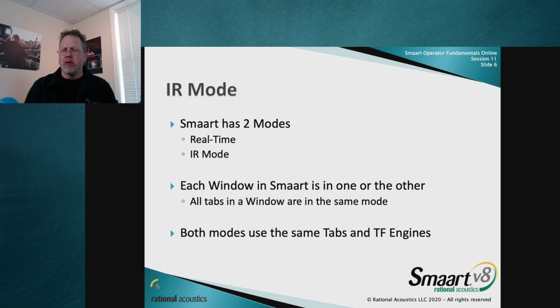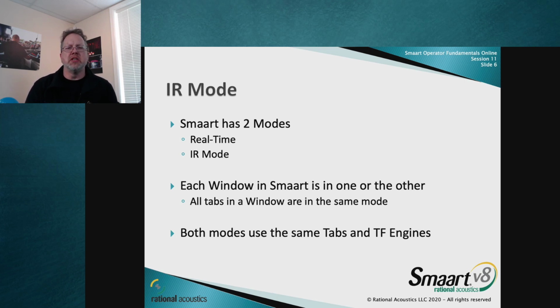Now, just some overall things that I'm not sure we've covered. We've only been doing one window of Smart, but you can actually run multiple windows of Smart, like multiple sessions simultaneously. In a window which has tabs in it, all the tabs are in one operational mode. Either it's in IR mode or real-time mode, but you can have two windows open, one in IR mode, one in real-time mode.